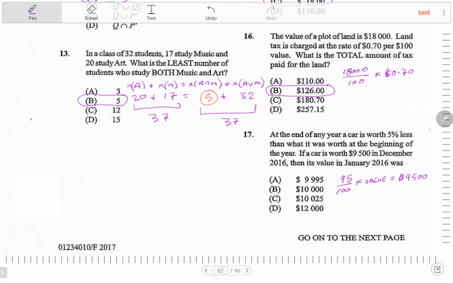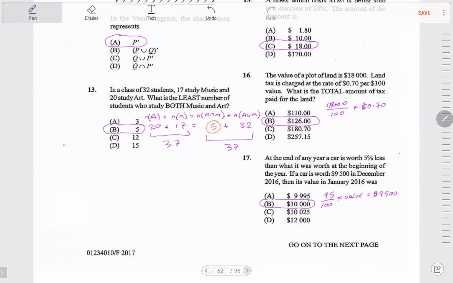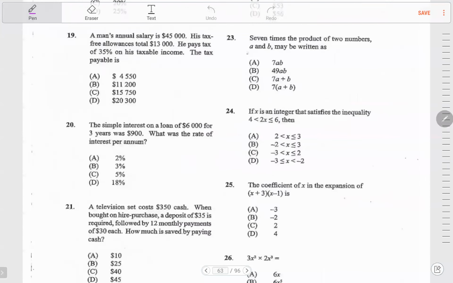And 9,500 is the discounted value. So the value is 10,000. We did this question earlier as well. We're trying not to repeat.